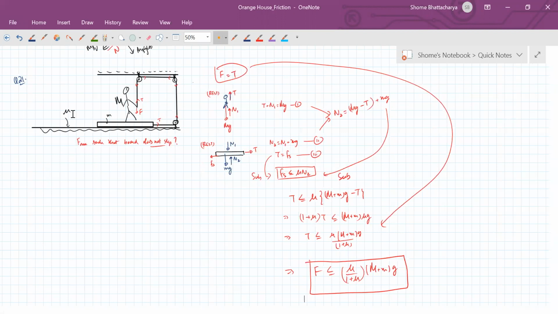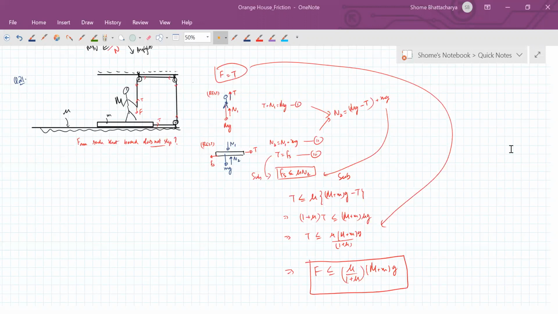Okay, so note this down properly, and next we will do question 23. So the whole question is just about free body diagrams.